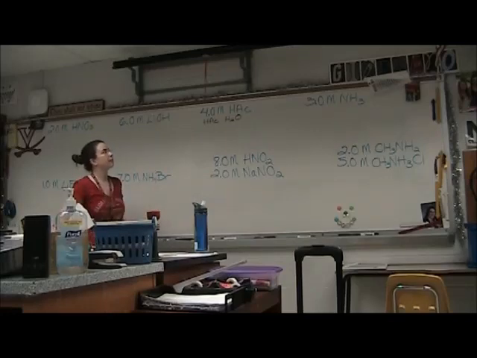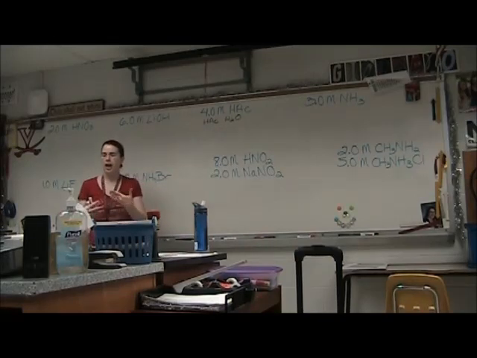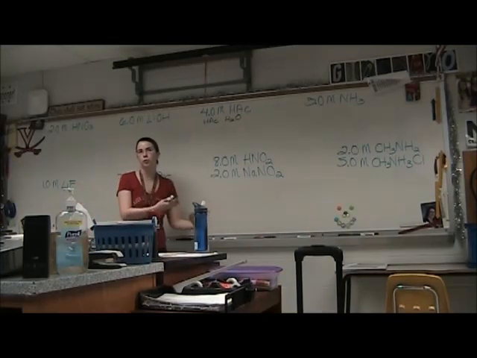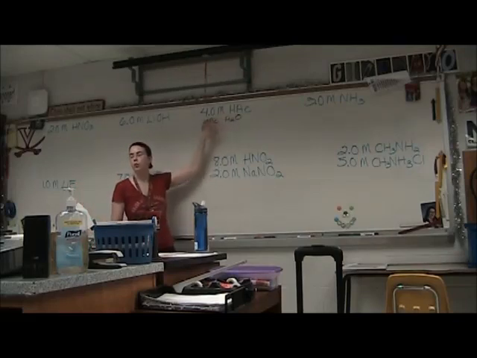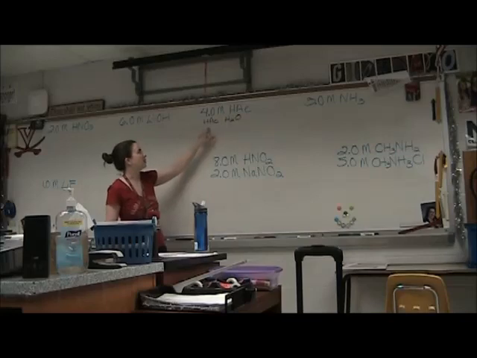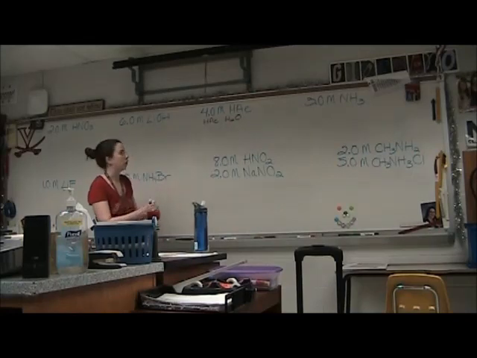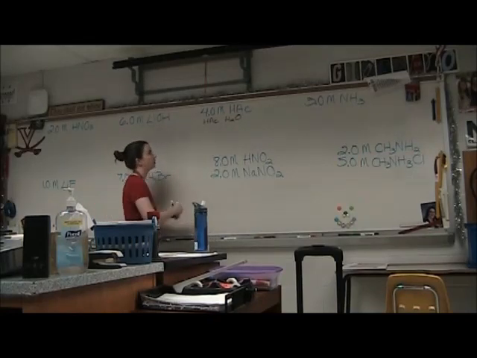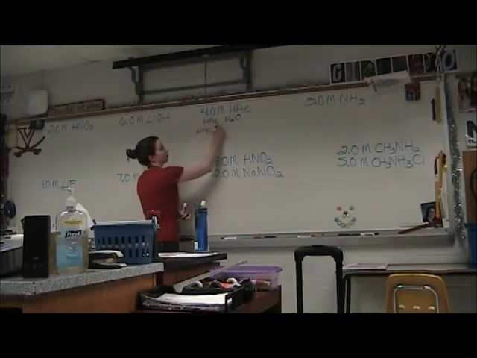And I brought this up before, but I want to make sure you all heard me. Because so many people keep saying, how do you know if a problem is a Newman or a Womack's? If water is one of the reactants that you chose, for example, in this list, water is the only thing that can act as a base. So my reaction is going to be acetic acid plus water.